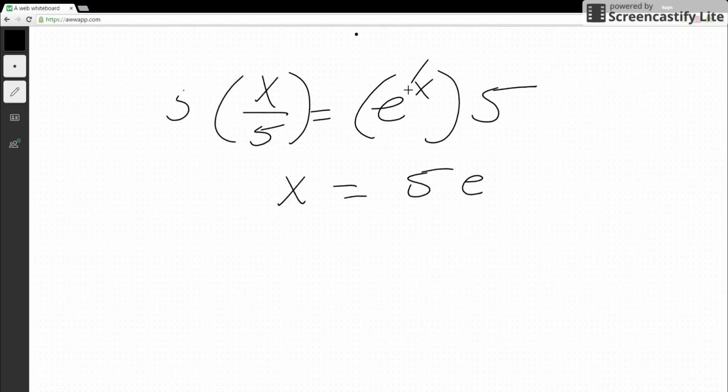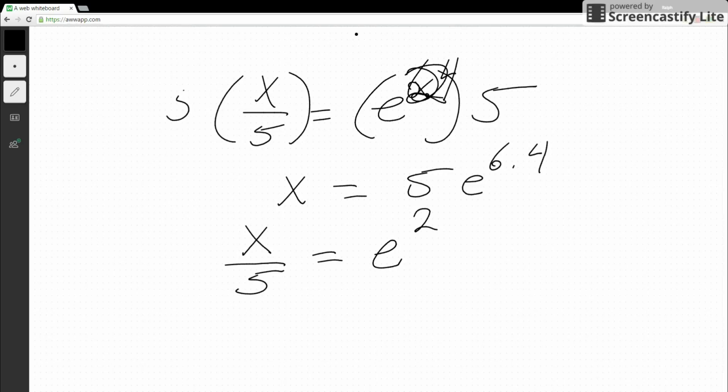Oh, sorry, that was to the 6.4. And once again, I can punch that in my calculator. Oh, sorry, that was a squared. Sorry, multiply that by 5, so my answer is this. Sorry. e squared, punch that in my calculator, I can get an answer on that.